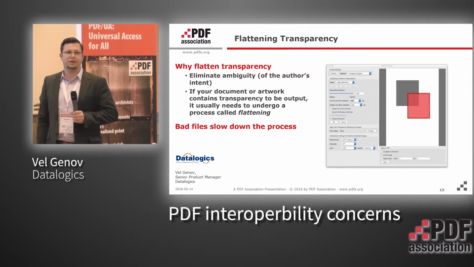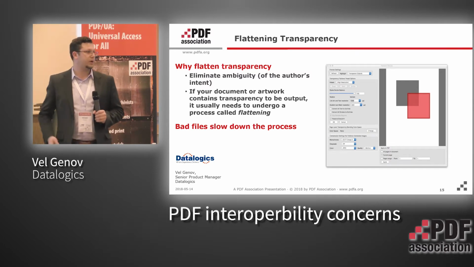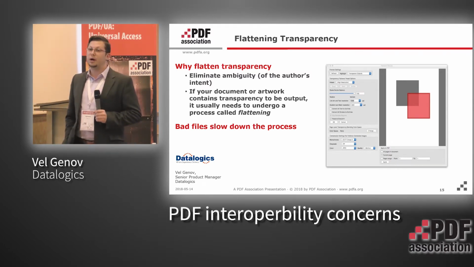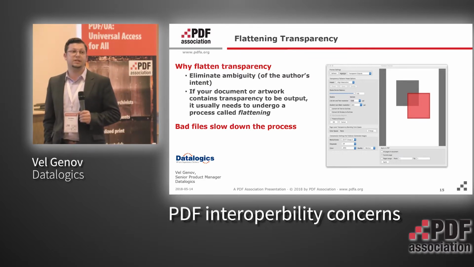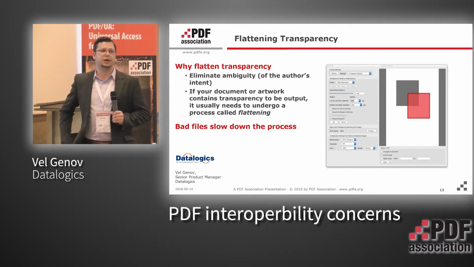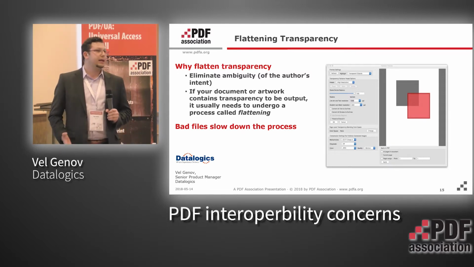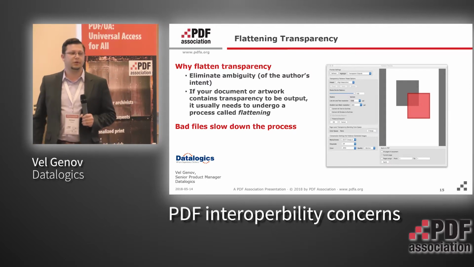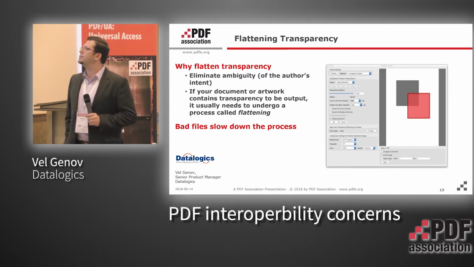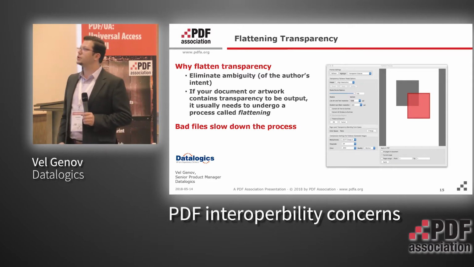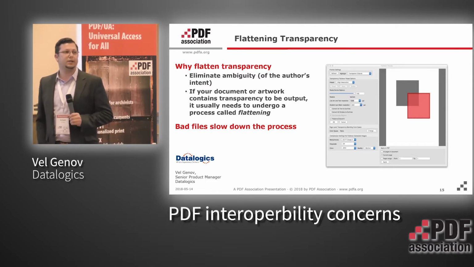If you're wondering if there is any transparency in your document or not, you have one document, you have a copy of Acrobat, just run it through, and it's going to tell you very visually what is transparent in that document, what's not. And I use that to basically troubleshoot files. Whenever a customer file comes in, they're seeing a problem with it, I'll just run it through the flattener and see if there's any transparency in that region or not. So that's a nifty little trick, but you can also use it to flatten transparency again for single files.